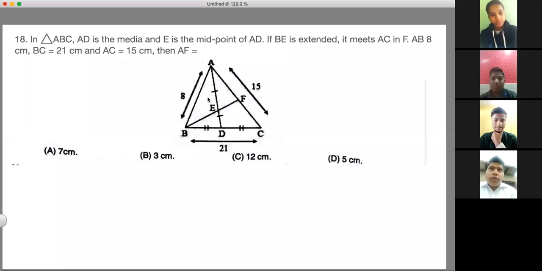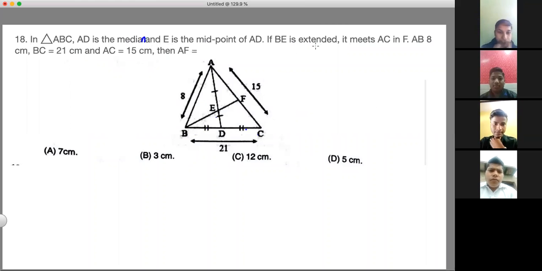In triangle ABC, AD is the median and E is the midpoint of AD. So BD is equal to DC, and AE is equal to ED. It is marked also.